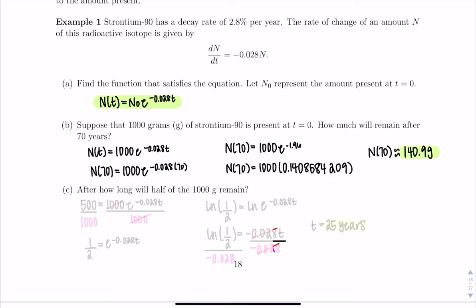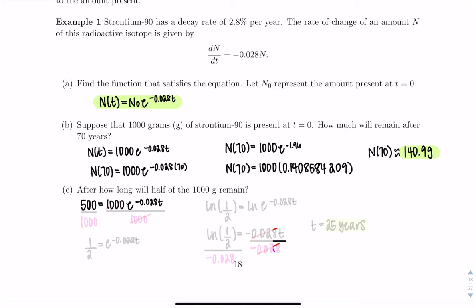Now we want to know how long it will take for half of the 1,000 grams to remain. That means we want to know how much time it takes for the 1,000 grams to get to 500 grams. So this time N(t) is 500, equals 1,000 e^(-0.028t). We want to solve for t.